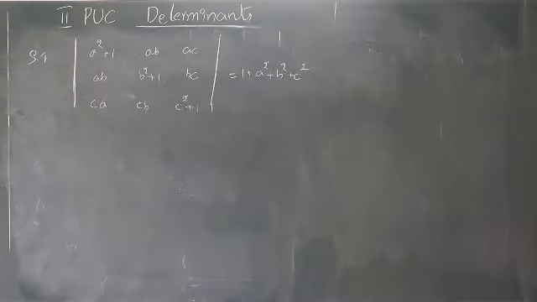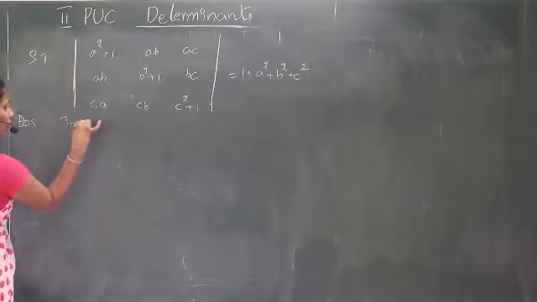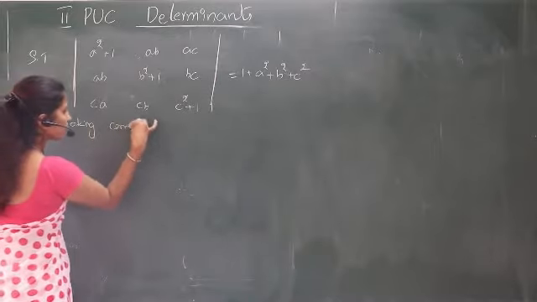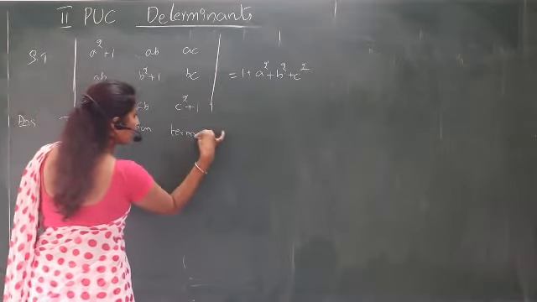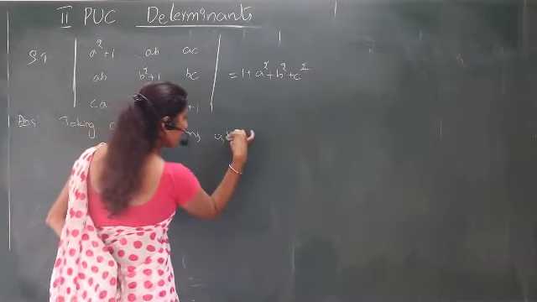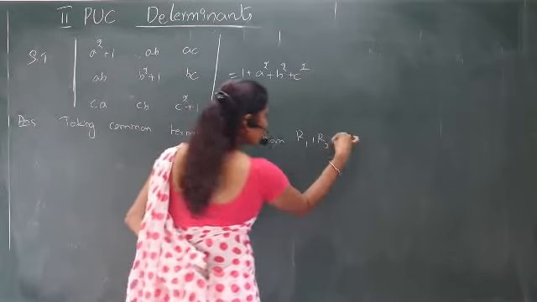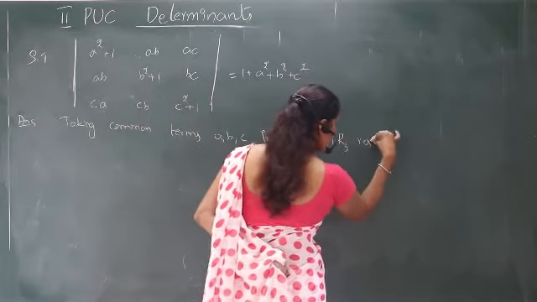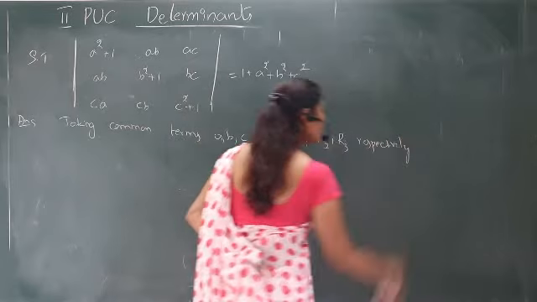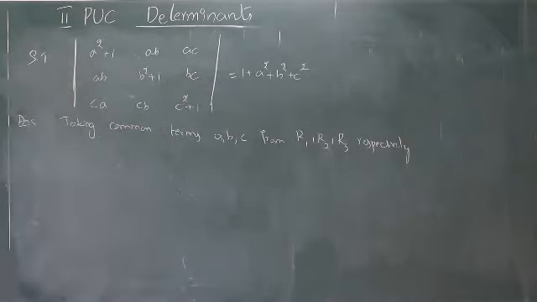So here what I'll do is taking common terms, a from R1, b from R2 and c from R3 respectively.